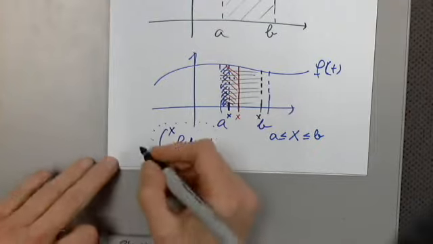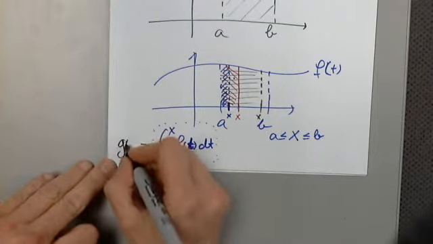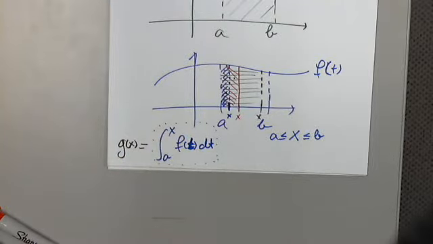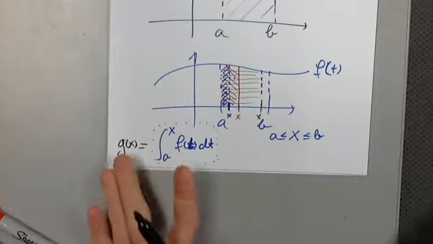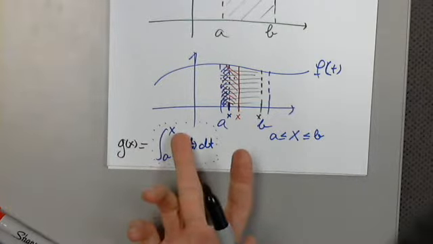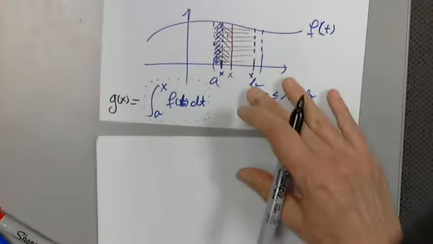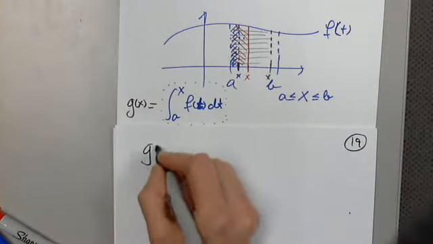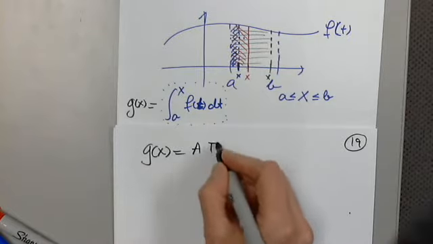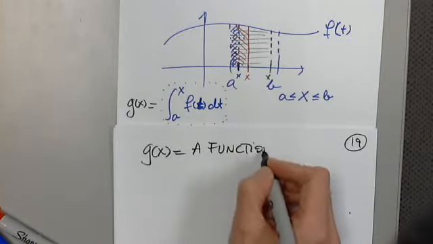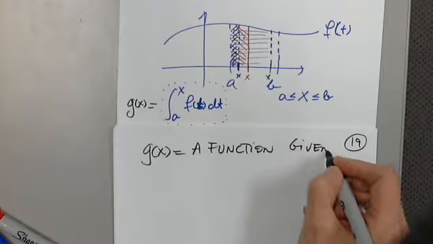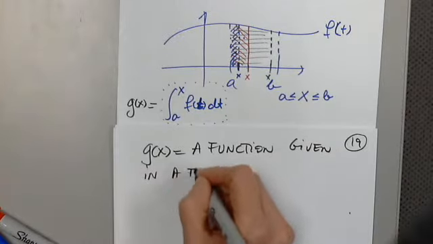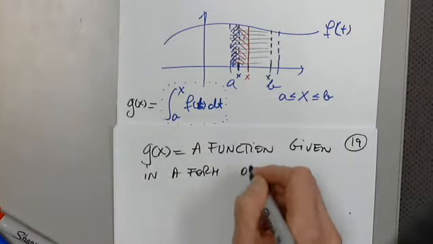Thank you. So this is not a number, but a function, because it will be a different number for each x. So this is a function given in a form of an integral. G of x, a function given in a form of an integral.